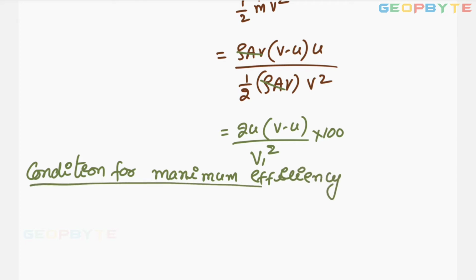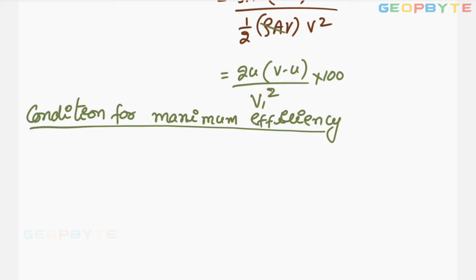Condition for maximum efficiency. Look at the efficiency equal to 2U into V minus U divided by V square. It is V square, not V1 square.